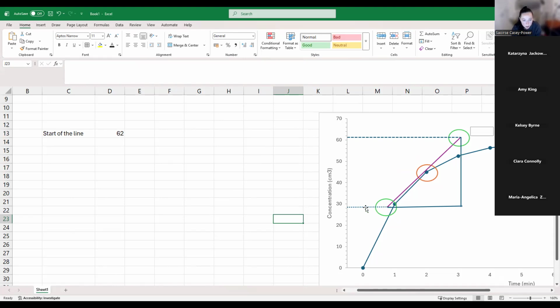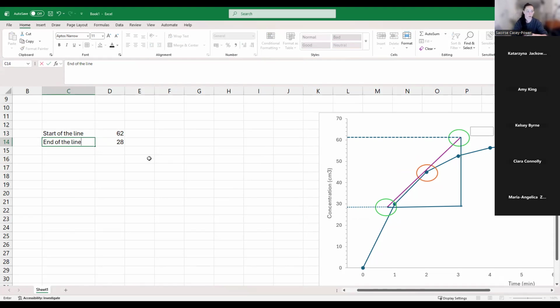I'm just coming out to meet that line, and that's corresponding to a concentration of around 28 centimeters cubed. Everyone happy enough with that so far, yeah? Okay, so there's my 2 concentrations.